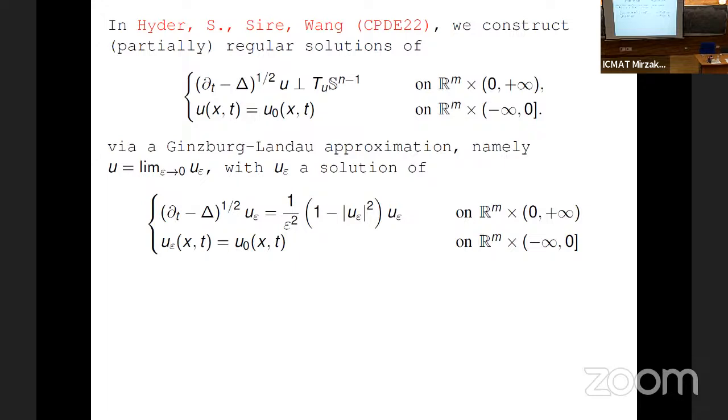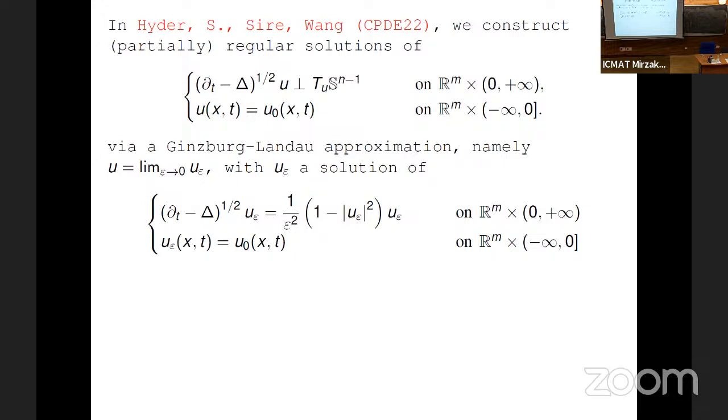Some simplifications: first, since we are interested at the end in a geometric problem, we look at initial conditions that do not depend on t. So this u0, which might depend on x and t, now depends for us only on x.